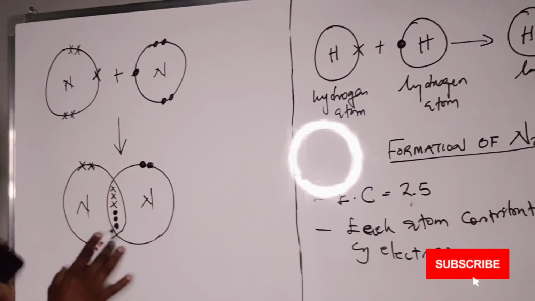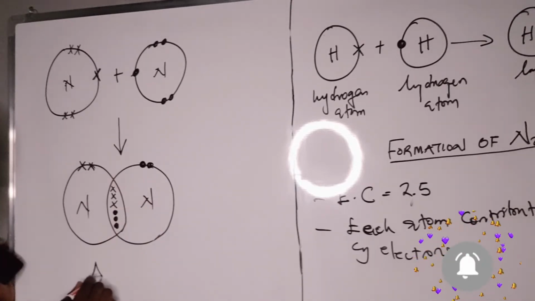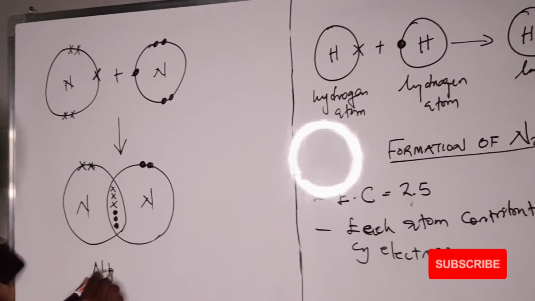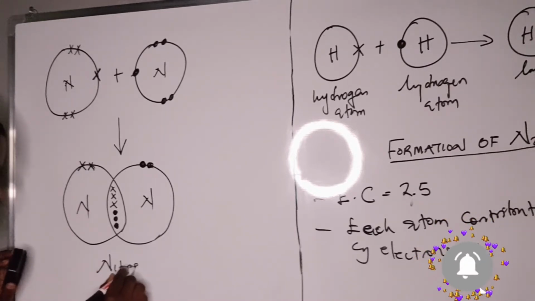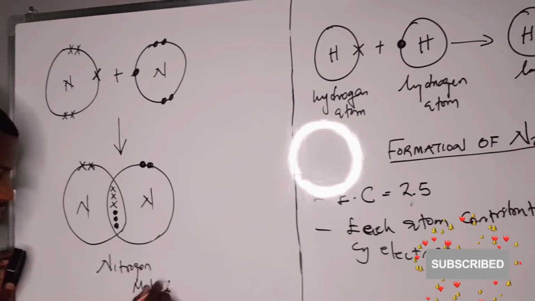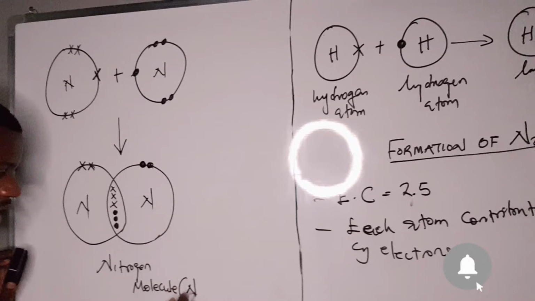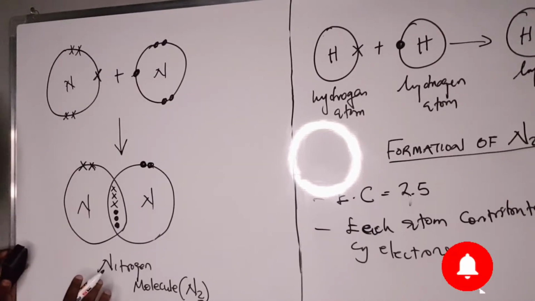So this structure is what is called the nitrogen molecule, which is N2, to show that there are 2 atoms of nitrogen that have been combined.